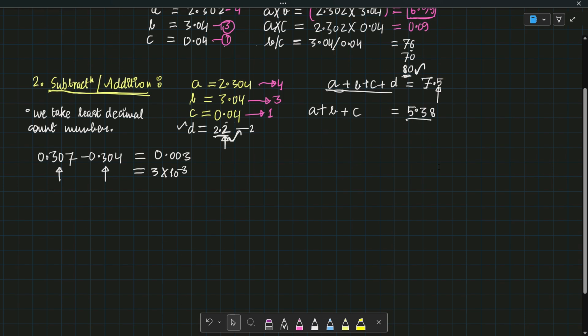So now there are rules for how we round off. We have seen that there is a problem with rounding off. How do we round off?